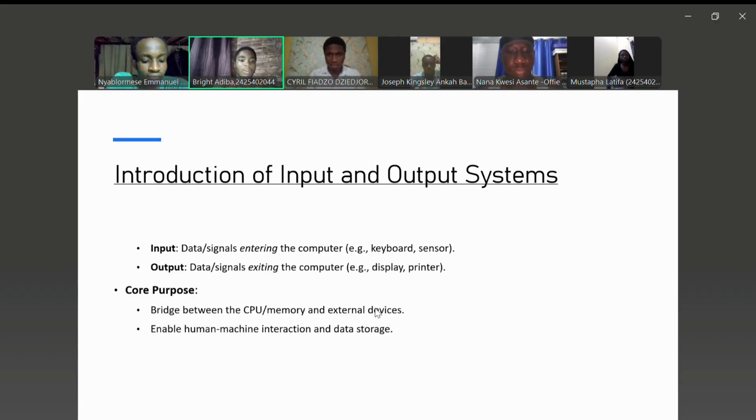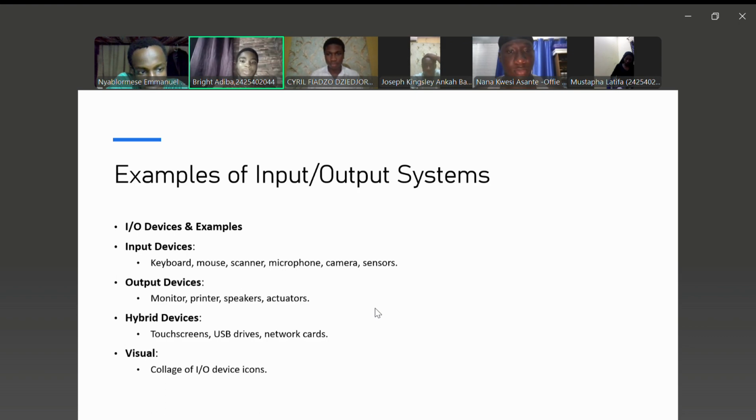The core purpose of input and output systems is that they act like a bridge between the CPU, memory and external devices, and they also enable human-machine interaction and data storage. These are examples of input and output systems. Input devices: keyboard, mouse, scanner, microphone, camera, and sensors.